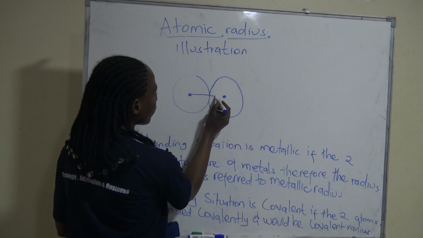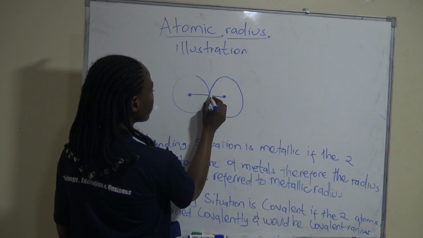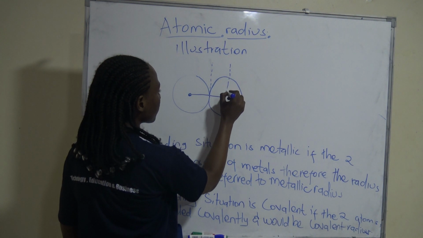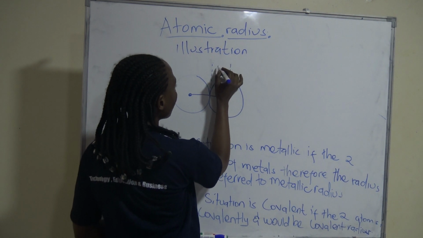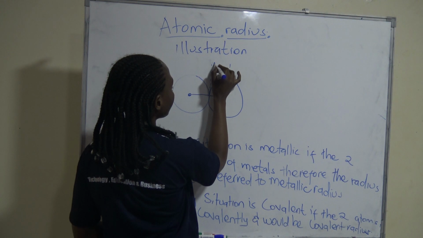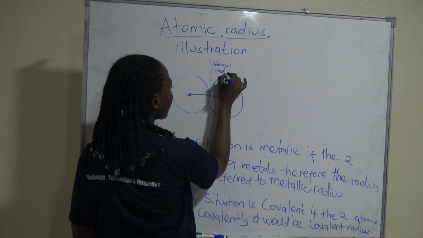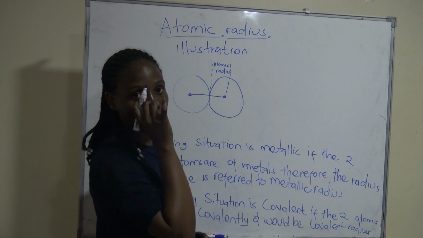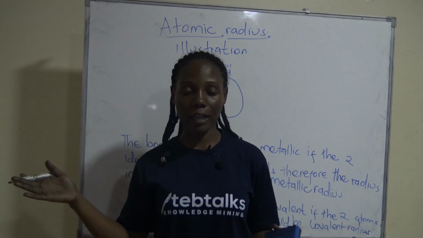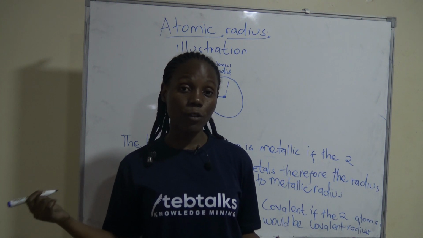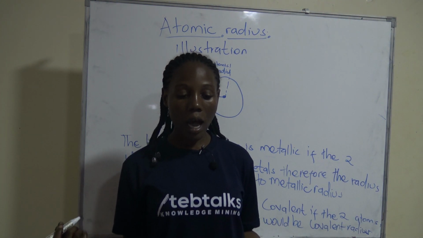So we have this one using dotted lines. This part here would be the atomic radius, because it is the one that comes to the distance of closest approach from the nucleus to the atom.